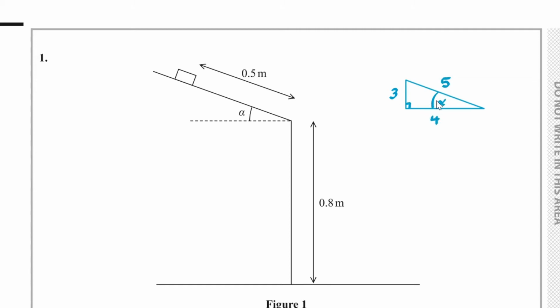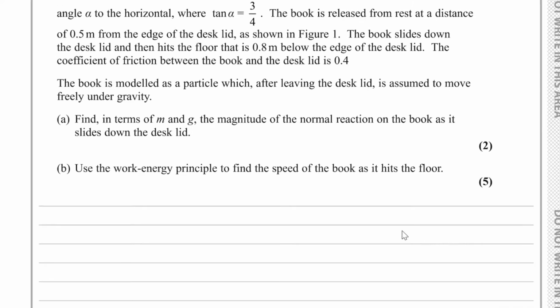We've got 3, the opposite, 4 the adjacent, and through Pythagoras, 5 is the hypotenuse. And from this we can state sin alpha is 3/5, cos alpha is 4/5, and tan alpha, given to us, is 3/4. Now we need to find the magnitude of the normal reaction.